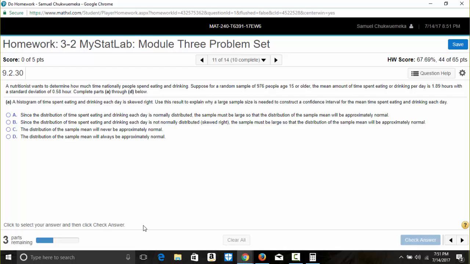C and D don't really give us any help. The distribution of sample mean will never be normal. Distribution of sample mean will always be normal. It doesn't really tell us anything that we need to explain why a large sample size is needed to construct a confidence interval.